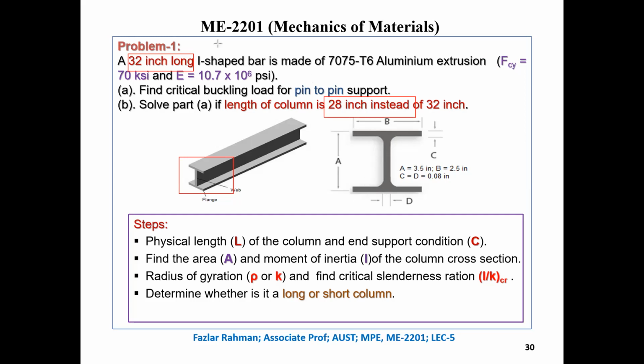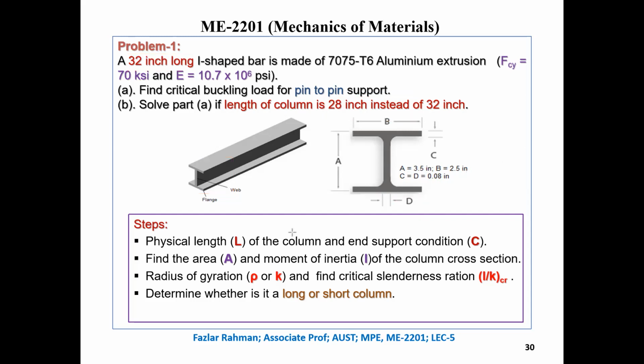They are giving the distance from top to here, this distance, and this thickness, right? So obviously, this distance and this distance are the same. They are not giving the distance from here to here. That means this flange is in the middle. The dimensions given are: A equal to 3.5, B equal to 2.5, and C and D equal to 0.08.